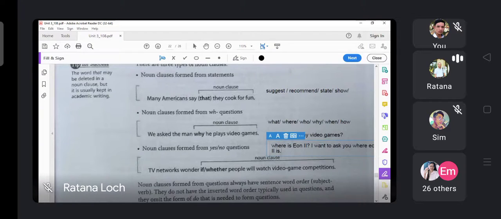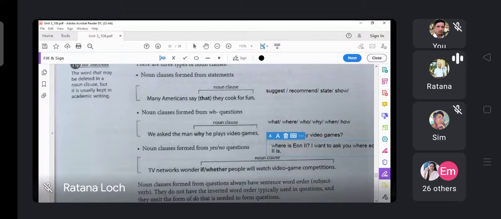No question mark. Okay. In case of noun clause, you cannot use a question mark. Question mark you use in case of direct question. Even though the meaning in that sentence is an indirect question, you cannot put a question mark.